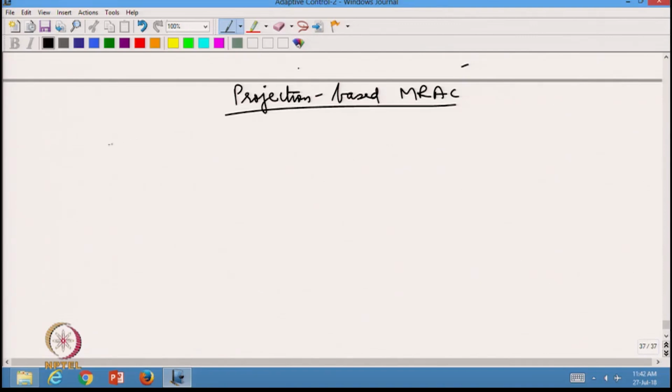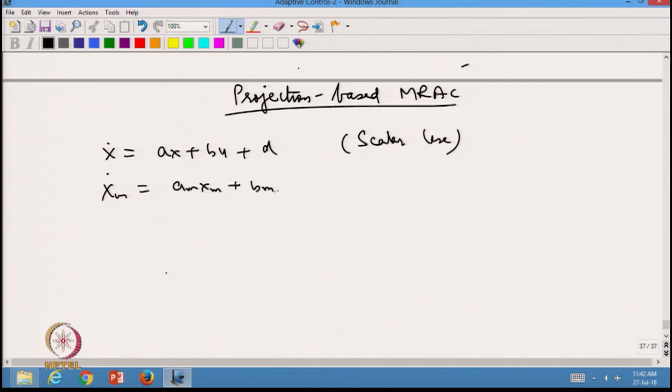Again, let's consider for simplicity a scalar case, x dot equals a x plus b u, and we have a disturbance d. It is a bounded disturbance, and we want to follow the reference model a m x m plus b m r.